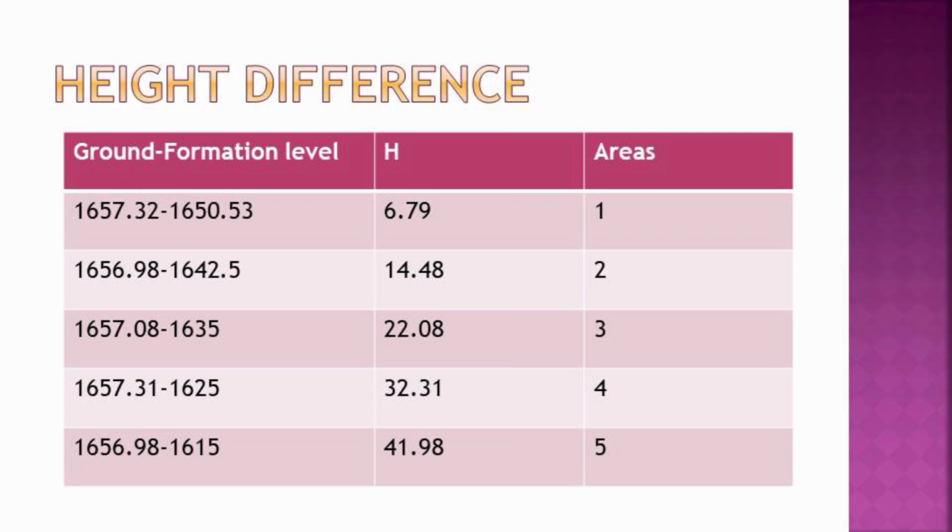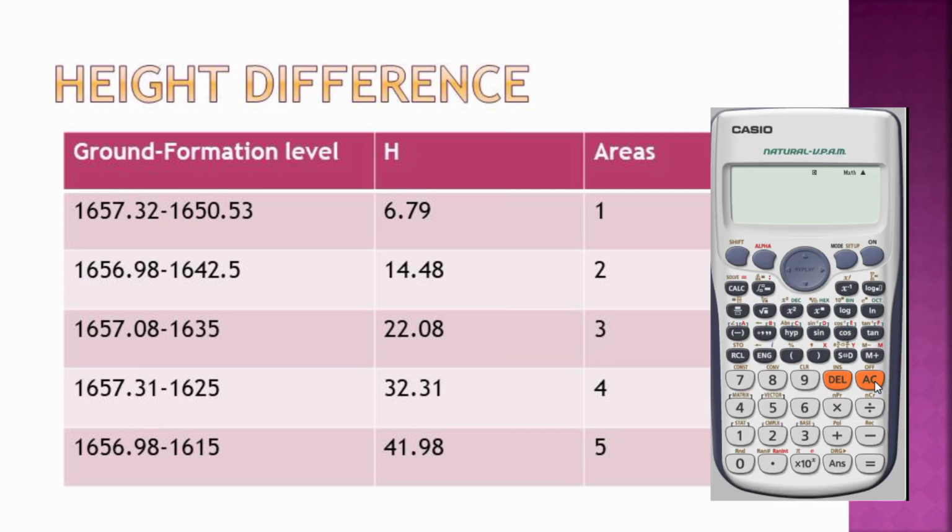I had done all those formational levels, so I first start with the first one. It is provided in the table there, that is 1657.32 minus 1650.53, getting our answer 6.79.